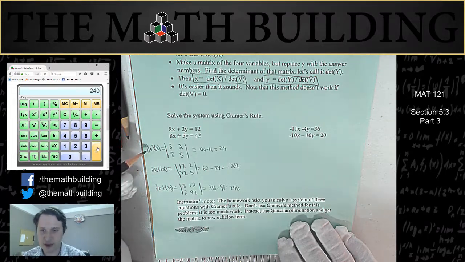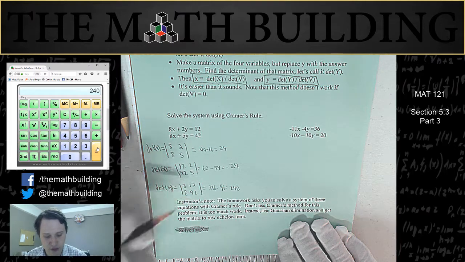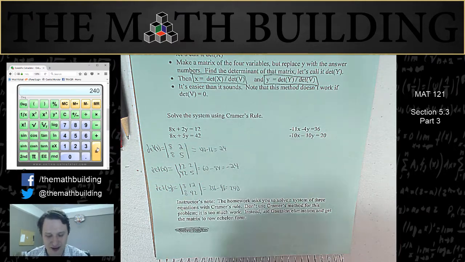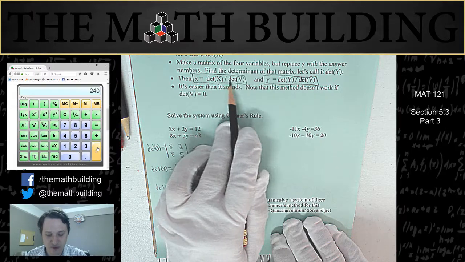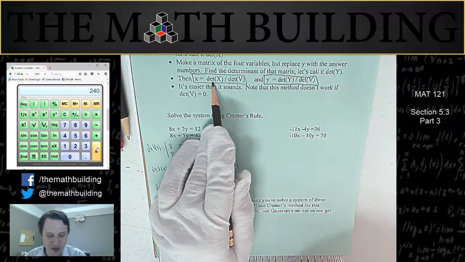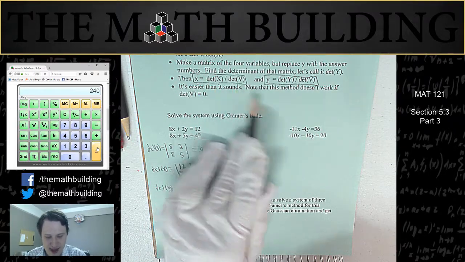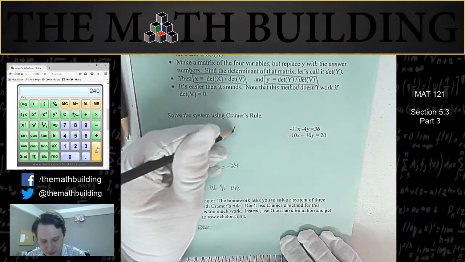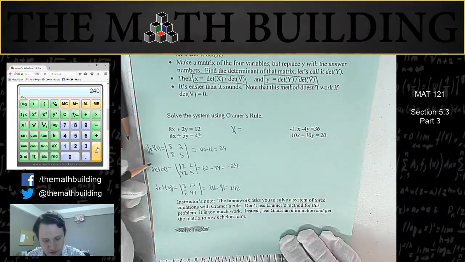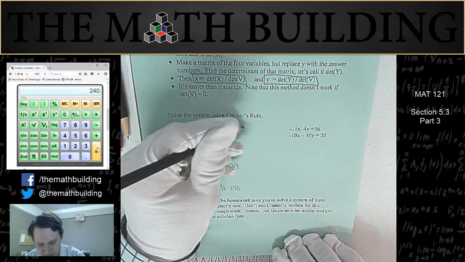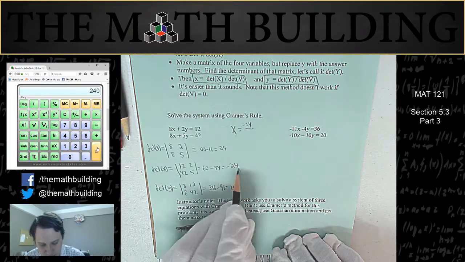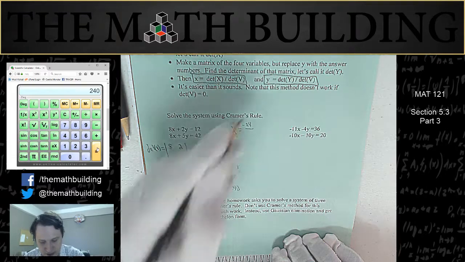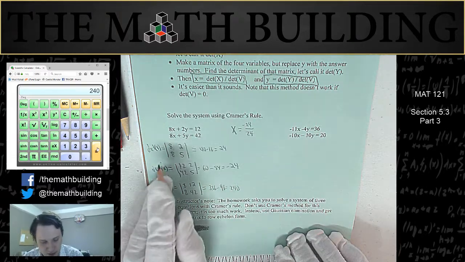So we got the determinant of the v matrix, the determinant of x, and the determinant of y, and we're almost done. Because when we solve this system, x is just equal to this divided by this, and y is just equal to this divided by this. So x equals the determinant of x, which was negative 24, divided by the determinant of the v matrix.